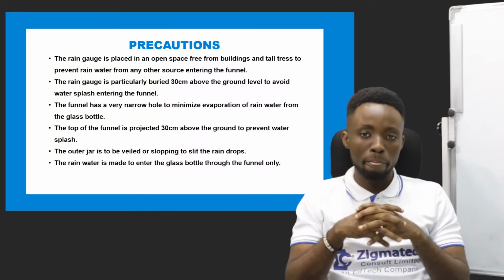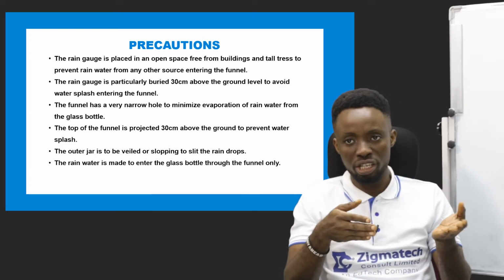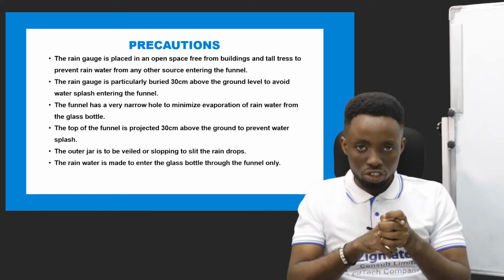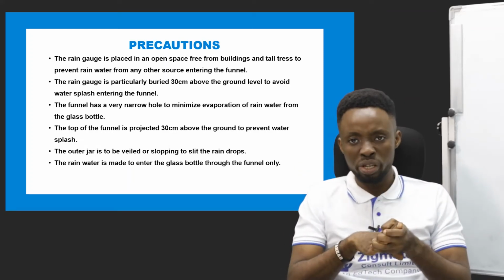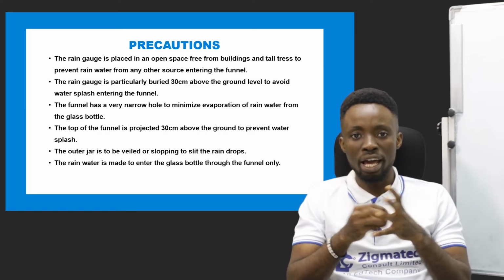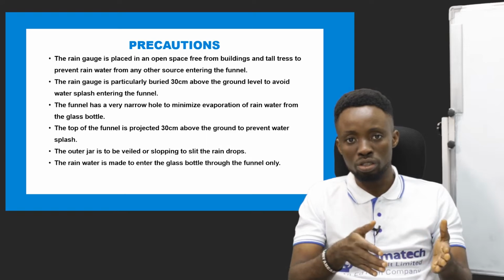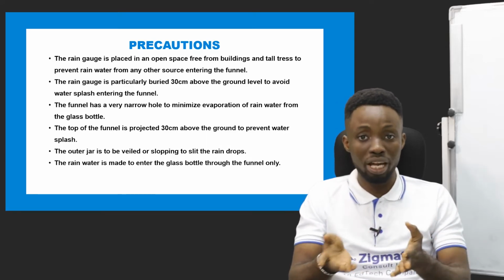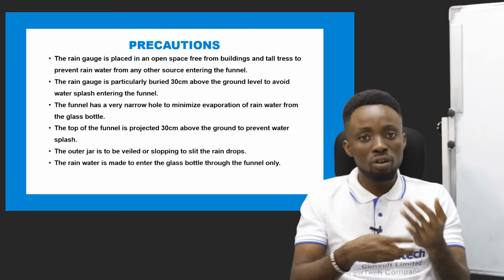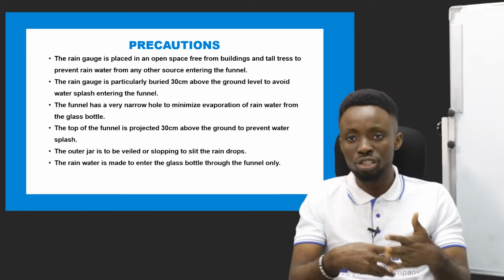So what are the precautions we must take when using the rain gauge? The first precaution is that you should keep it in an open space. Don't keep it close to a building so that you will get an accurate result, because keeping it close to a building will cause water splashing, or irregularity in the amount of rainfall being measured for that day.